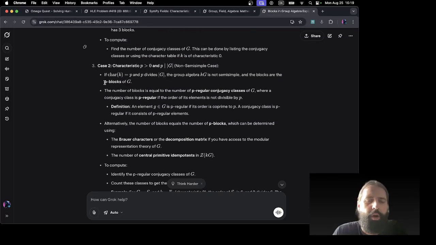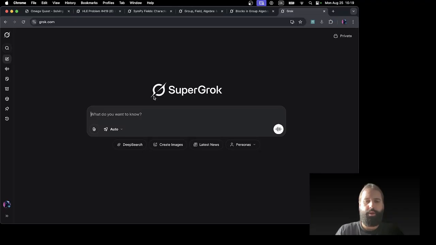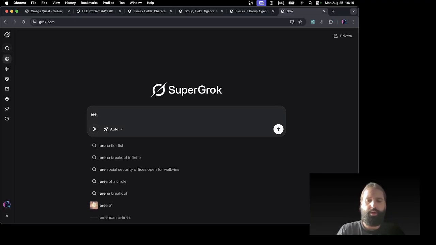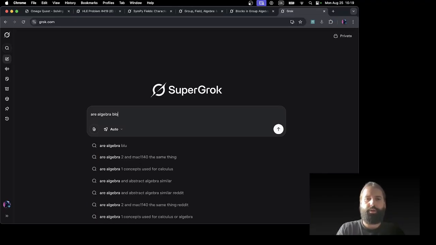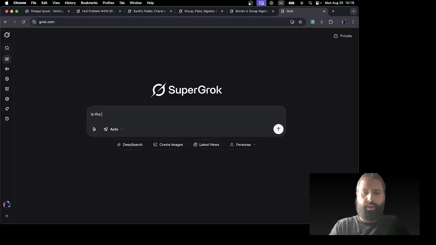Is then blocks just this? Are algebra blocks, or is the concept of blocks in a group algebra a parallel to the center order of a group?